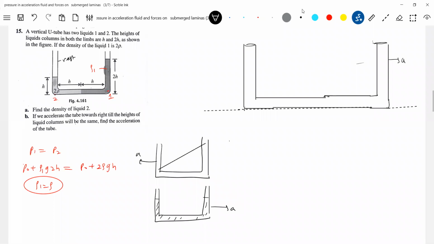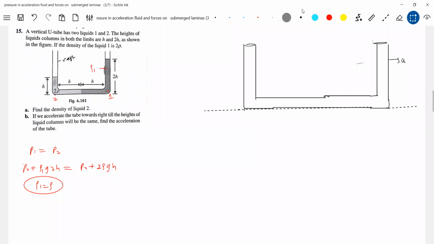We have to first analyze what direction to choose. If you accelerate the tube towards left, the level here will decrease and the level here will further increase. No question of that. If I accelerate towards right, the level here should decrease and here should increase. So the levels can become equal. Therefore, I should put the acceleration of the tube towards right. There's no other way.